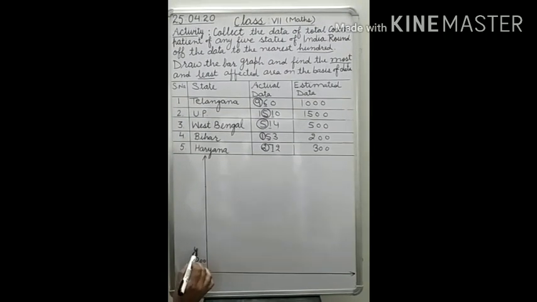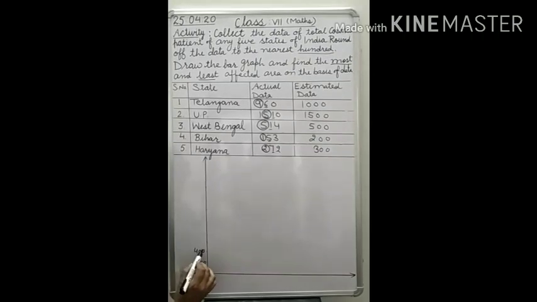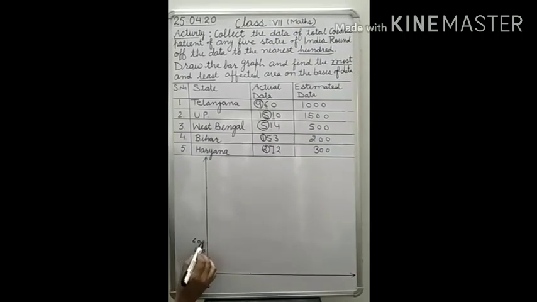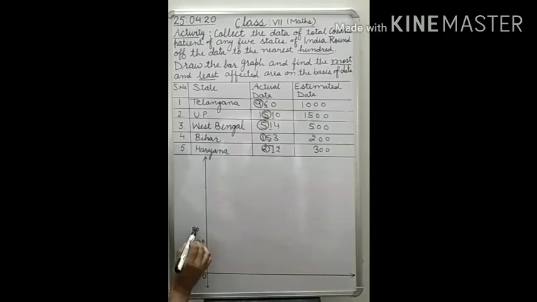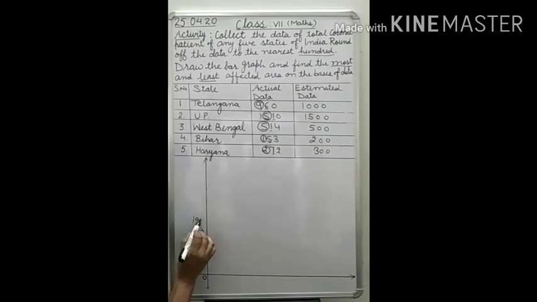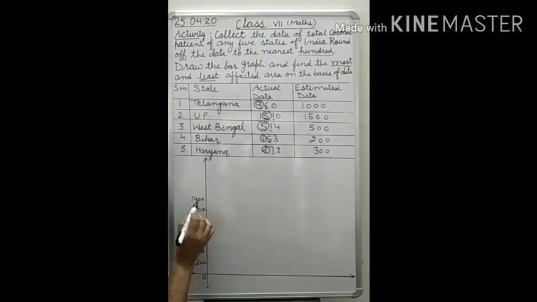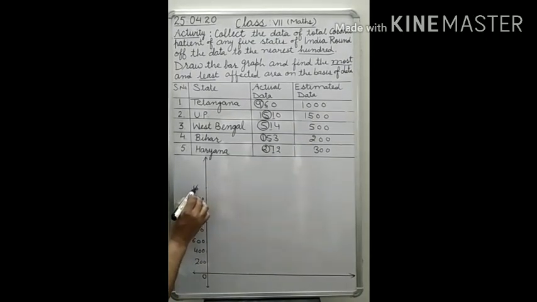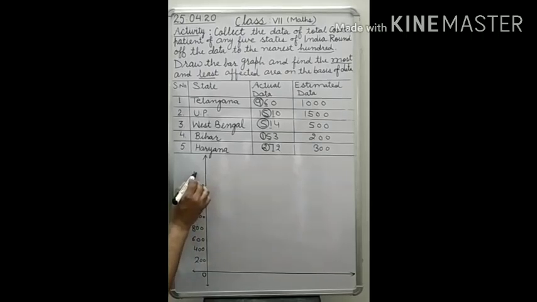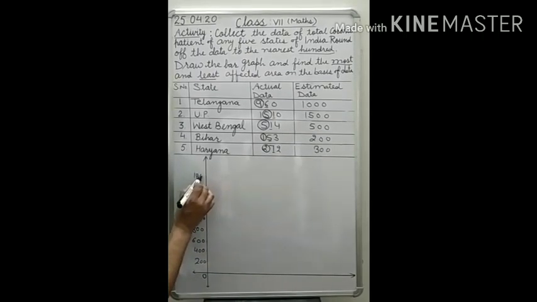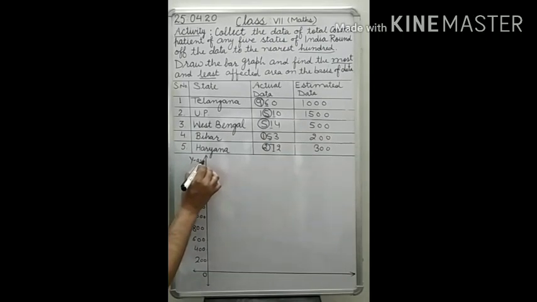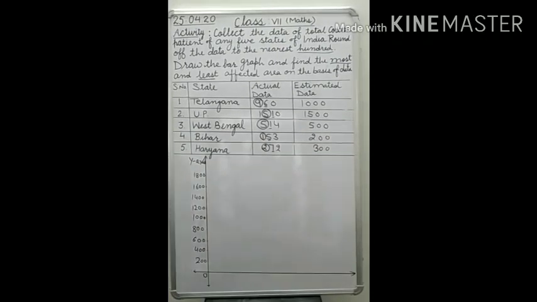So we can take a gap of 200. Here we will represent 200, then 400, 600, 800, 1000, 1200, 1400, then 1600. We can take one more, 1800. This is our y-axis and this is our x-axis.